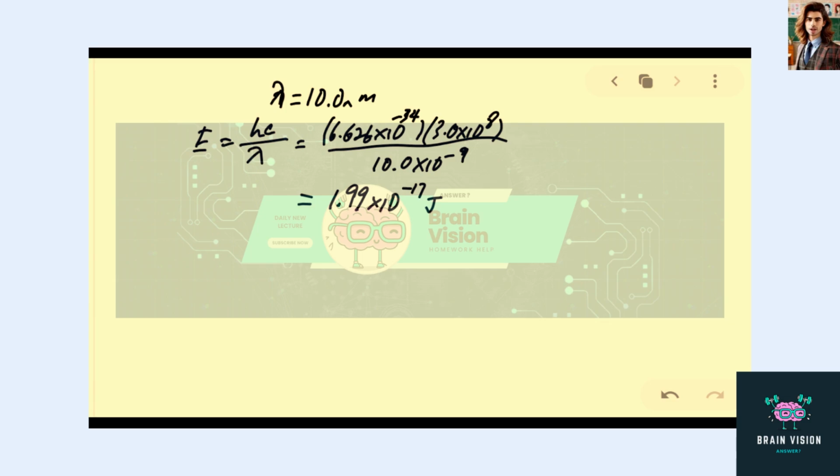On the other hand, for the electron, to get a wavelength of 10 nanometers, it means that our momentum is equal to h over lambda, by the de Broglie wavelength. From here we can calculate the kinetic energy for the electron, which is given as p squared over 2m.